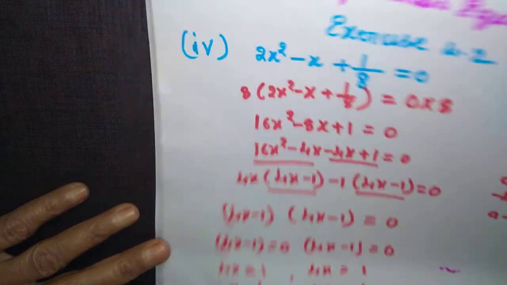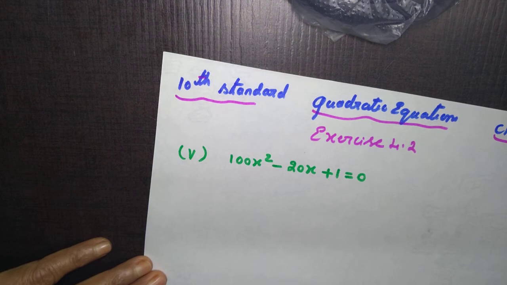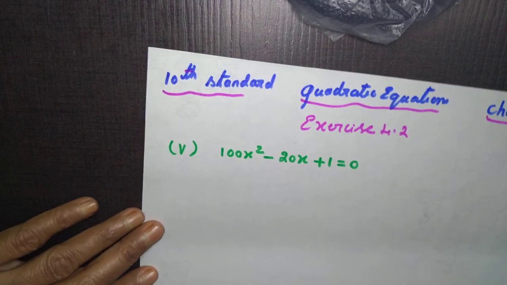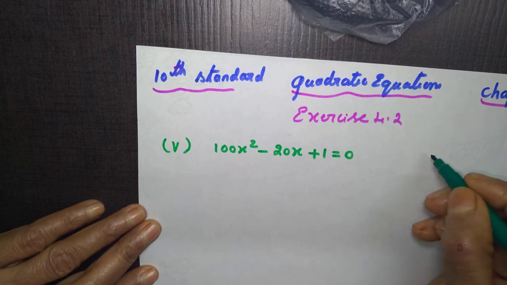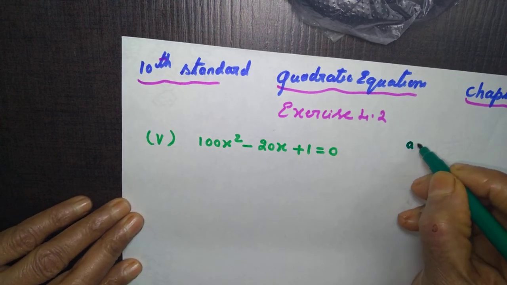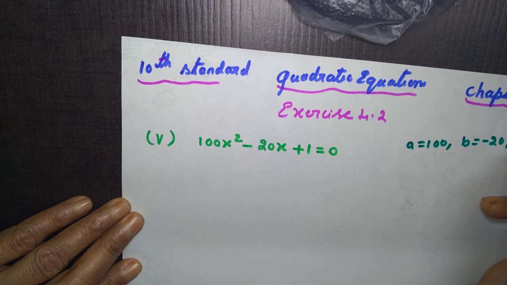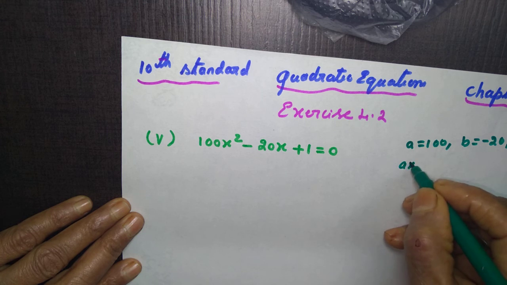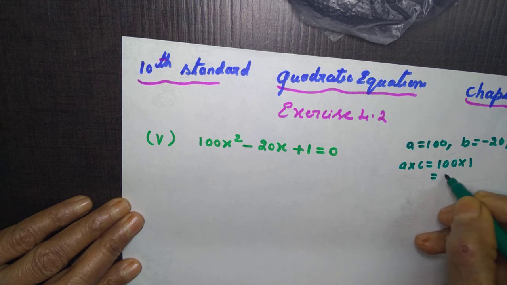Then let us go to the fifth sum, that is of 10th standard exercise 4.2: 100x square minus 20x plus 1. Here we have to multiply the first and last term. What is the coefficient of x square here? a is equal to 100, b is equal to minus 20 and c is equal to 1. a into c is equal to 100 into 1, that is 100 only.